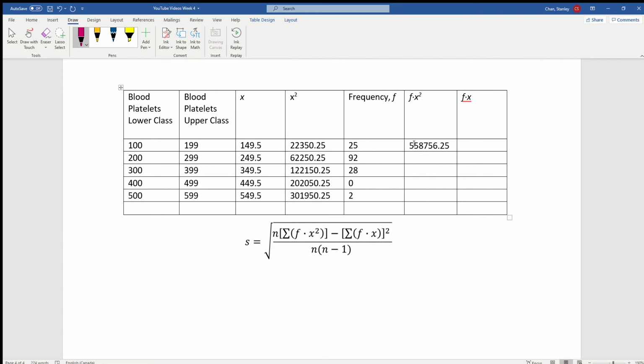And there's another way to check this using Excel, but we're going to use Word for now, just to organize our information. So 92 times 62,250.25 equals 5,727,023. All right, next one is 28 times 122,150.25.